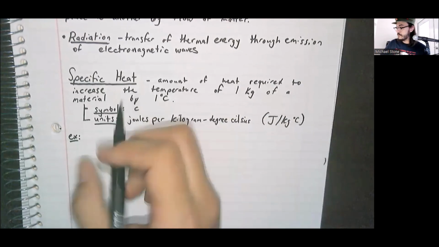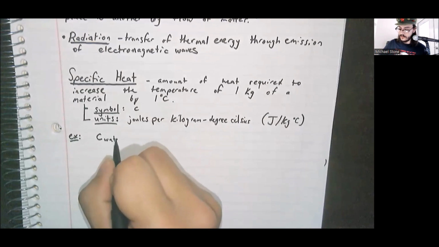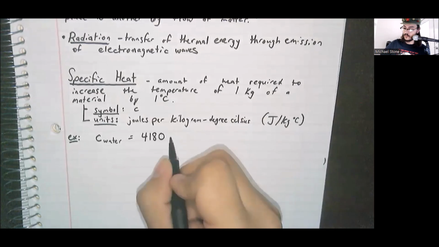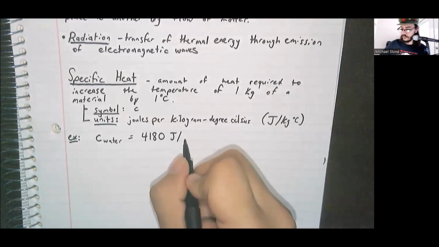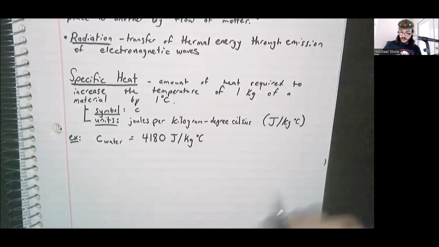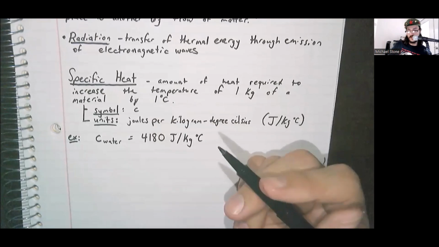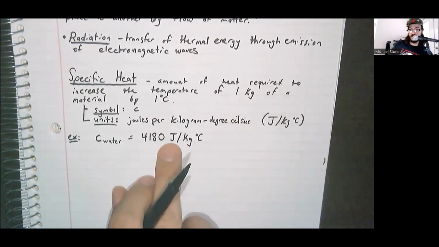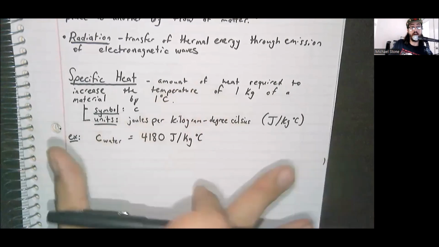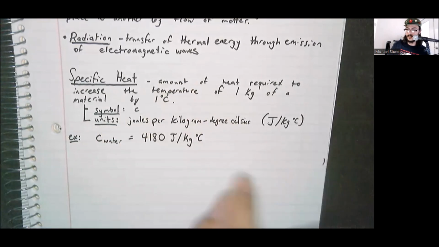As an example, the specific heat of water is 4,180 joules per kilogram degree Celsius. Or if you are thinking about the calorie, the specific heat of water, rather, would be 1 calorie per gram degree Celsius.